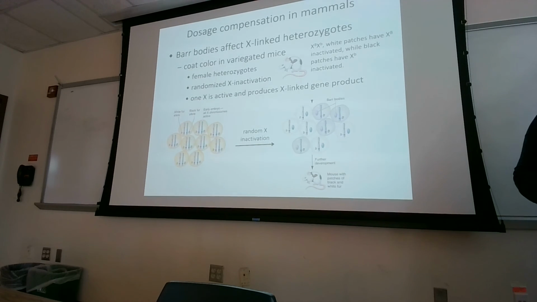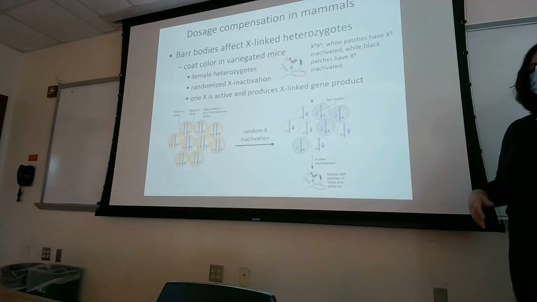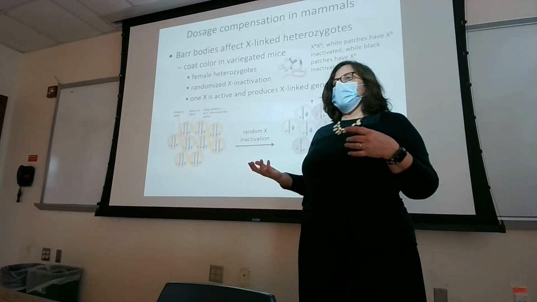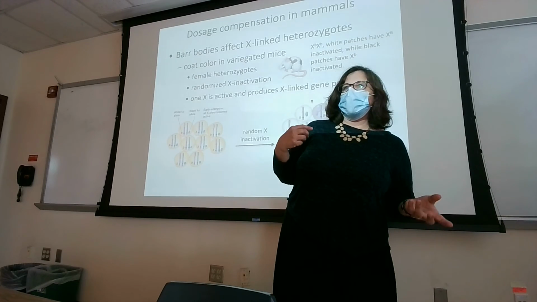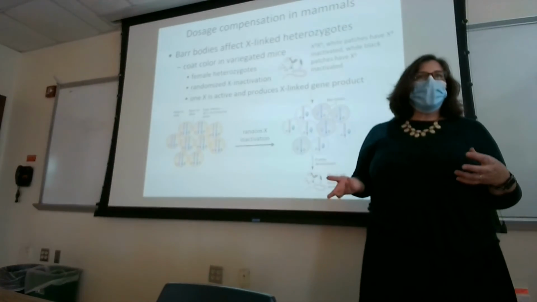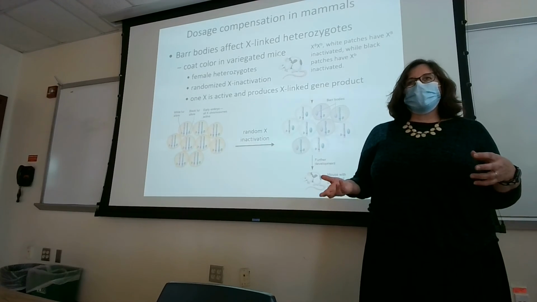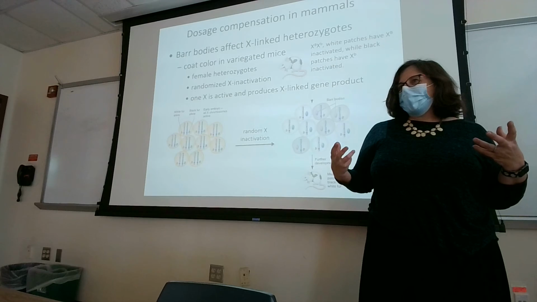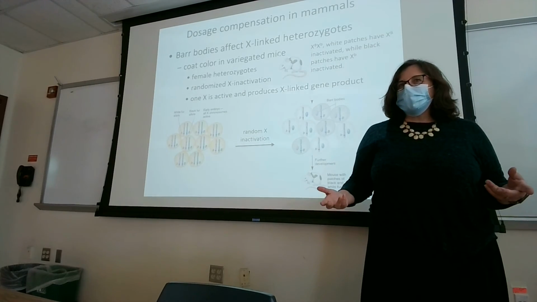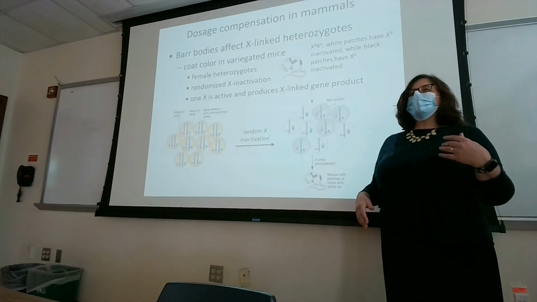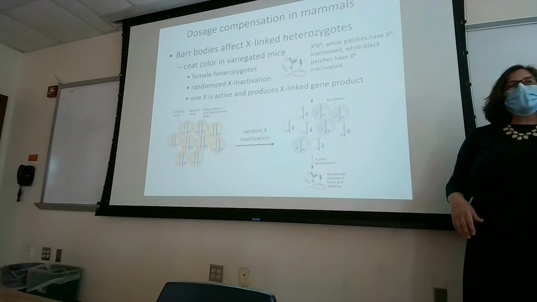It's called anhidrosis. You would have a patchiness if you're heterozygous, where you don't sweat in some places and you sweat a lot in others. So you're either dominant or recessive in some parts of your body. And if you happen to be dominant in places that sweat a lot, that's kind of unfortunate. And that's called unfortunate lyonization. Lyonization is another word for Barr body formation.